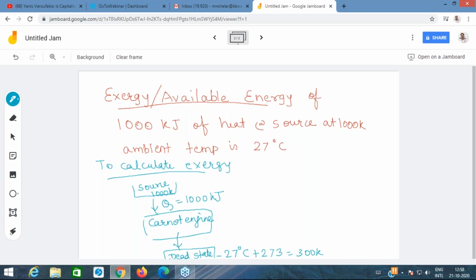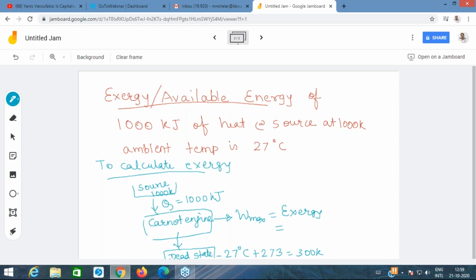So the thought exercise is that this heat is supplied to a fictitious Carnot engine, and the work output of this Carnot engine, which would be the maximum work output, is the exergy of the heat supply.